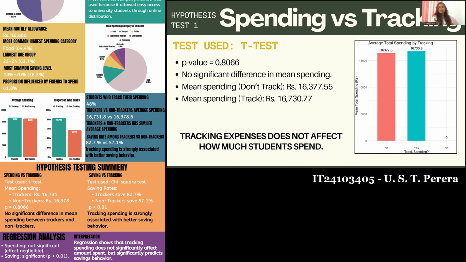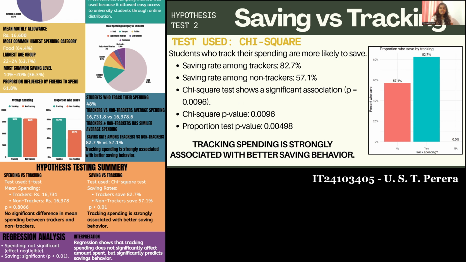Our second hypothesis examined whether tracking expenses is associated with better saving habits. For this, we used chi-square tests and the results were much more meaningful. We found that 82.7% of the students who track their expenses save money, compared to only 57.1% of students who do not track, with a p-value of 0.0096, which is clearly statistically significant.